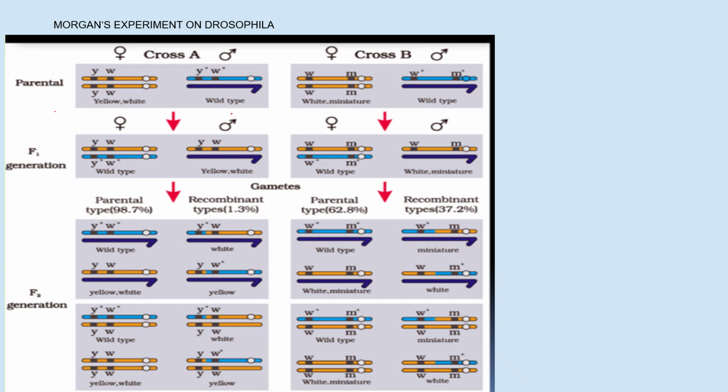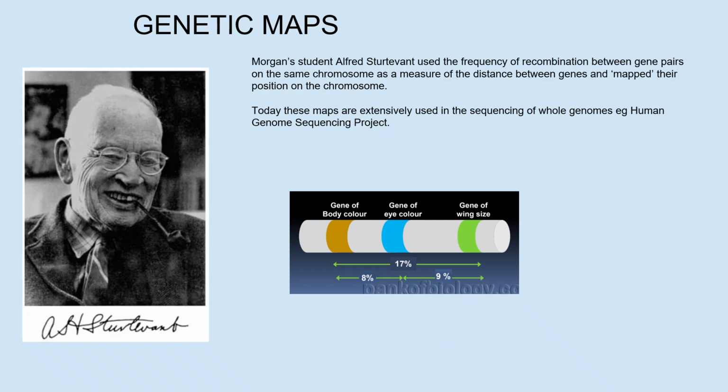Now moving on to the next slide, you can see on the screen Alfred Sturtevant. He was the student of Morgan, and Morgan was only able to describe linked genes. If the genes are quite close to each other and there is less recombination, they are linked genes.